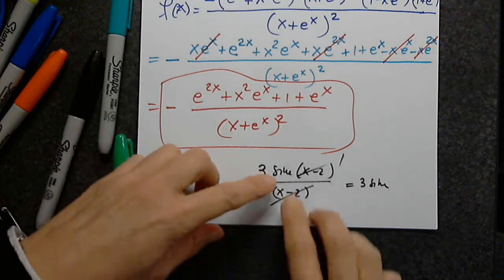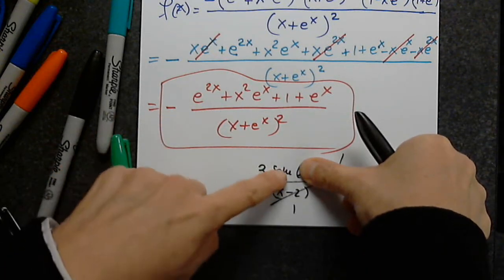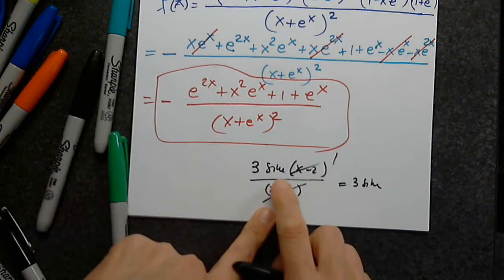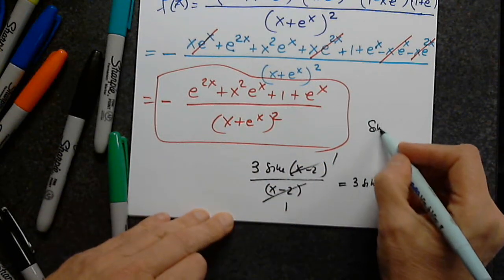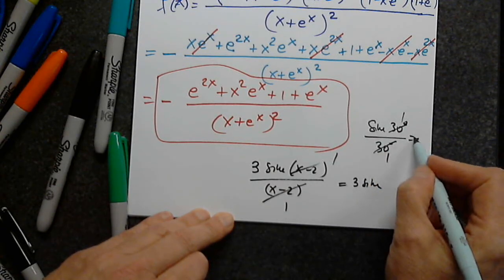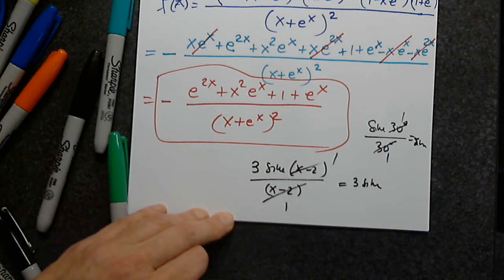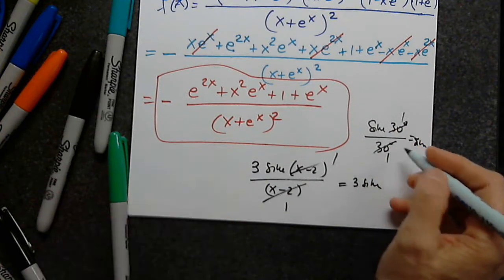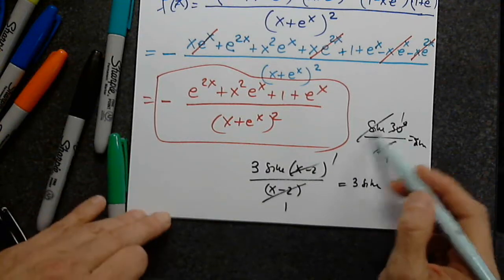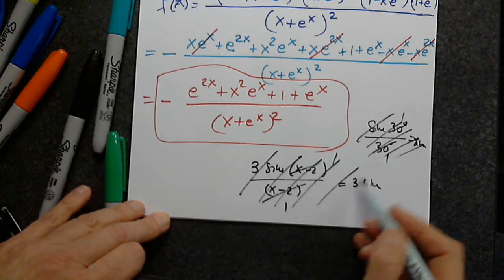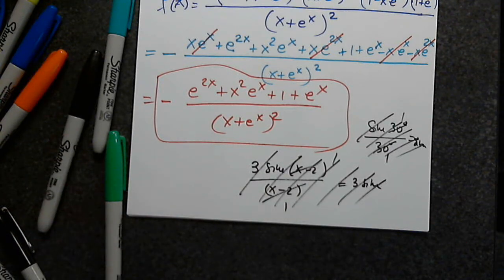So you cannot remove the argument of a function with something outside. It's like saying sine 30 degrees over 30 degrees is sine. This is like removing the argument of sine with something outside of it. So this move made me cry. Make a note when you go back home and redo your test.